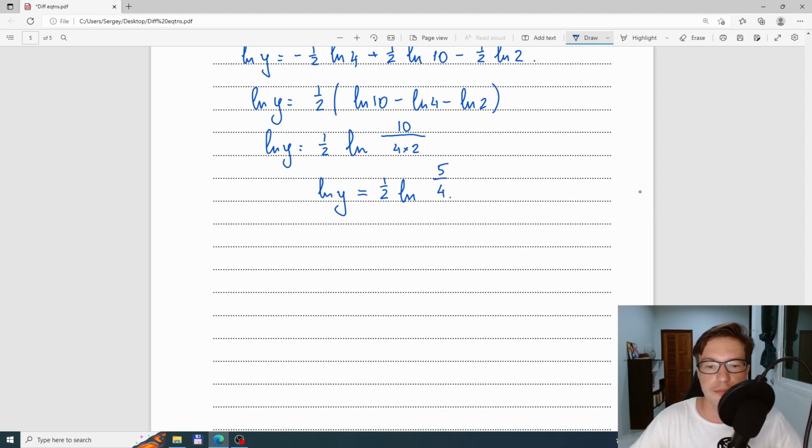Okay, almost there. Let's move 1 over 2 as the power of 5 over 4. So log y equals log 5/4 to the power of a half, and the power of a half is the square root.